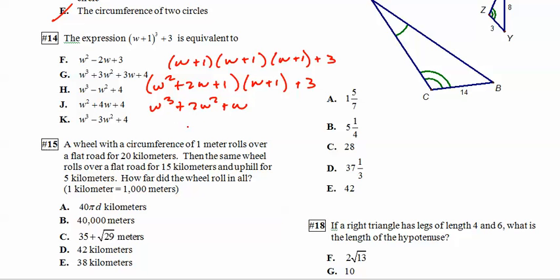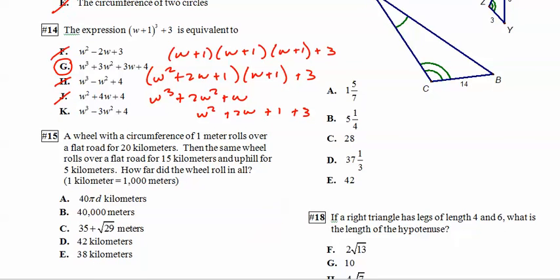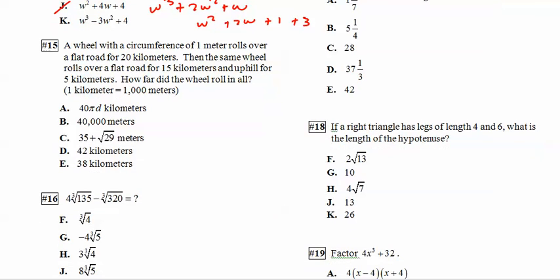Now the 1. W squared plus 2w plus 1 plus 3. So I get w to the third. Gone. Gone. Plus 3w squared. Gone. Plus 3w. Yes. Plus 4. Right there. And I would have written that all out, but I'm kind of out of space.